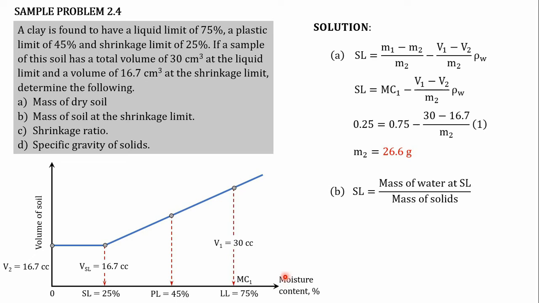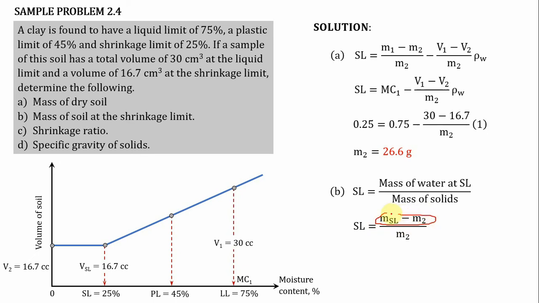Okay? How to solve that one? It is simply, shrinkage limit is equal to mass ng shrinkage limit divided by mass ng dry, divided by mass ng dry. Okay? Di ba, class? Yung mass, focus kayo dito, class.